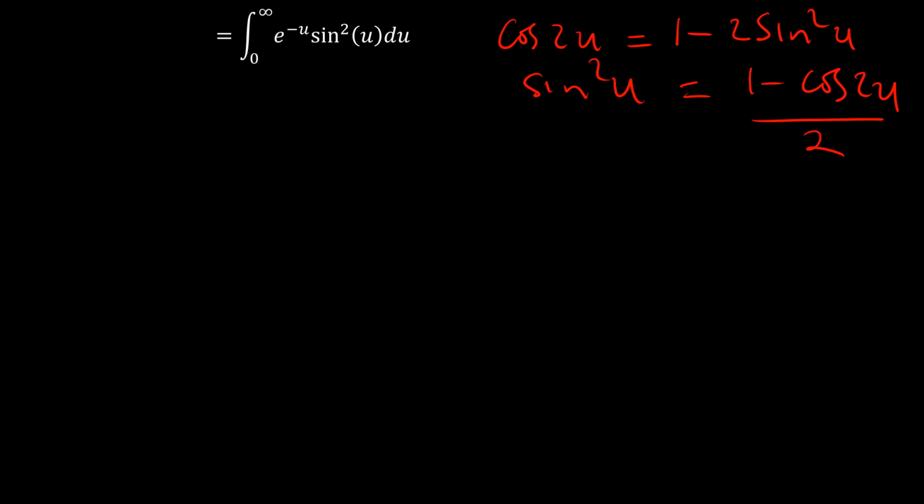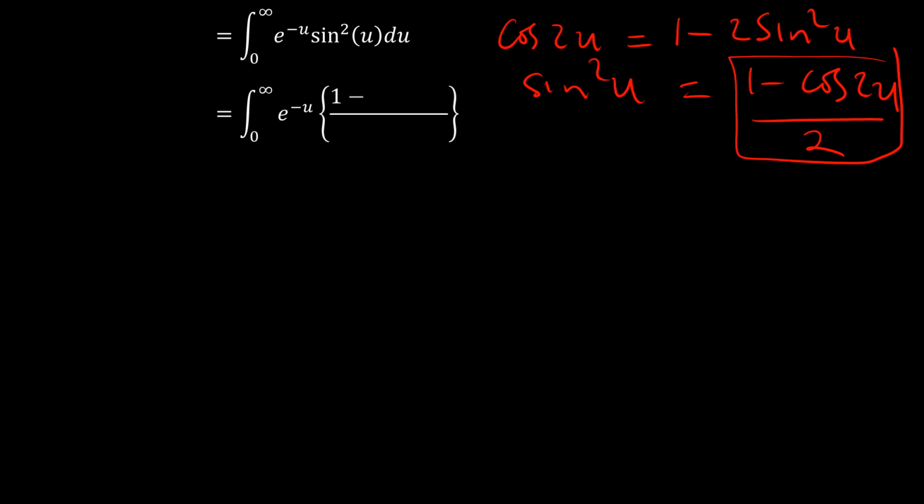And so we can now plug this in place of sine squared u there. So our integral now becomes the integral from u equals 0 to u tending to infinity of e to the power negative u times 1 minus cosine 2u over 2.